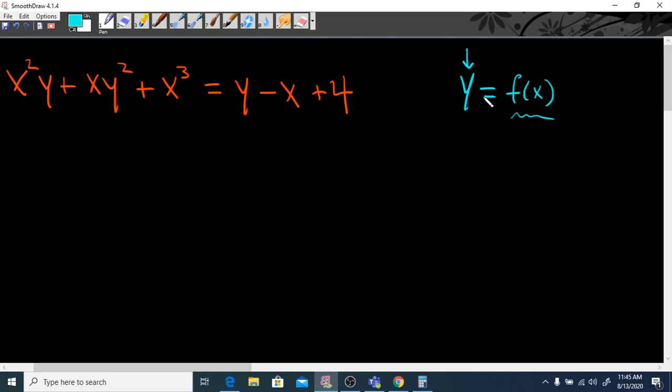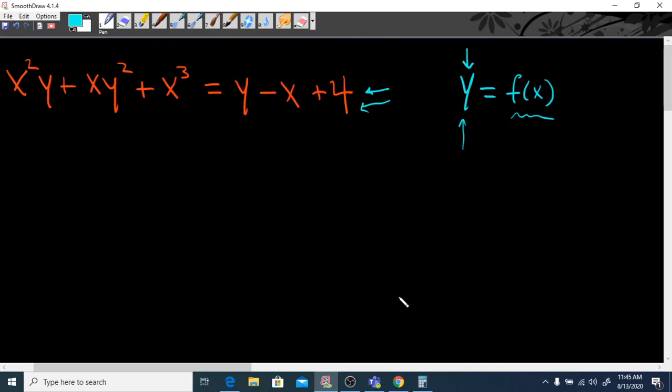The y was by itself on one side, and all the x's were on the other. So if you're able to look at something like this and solve for y, in other words, you do some algebra and turn it into something like this, then you don't have to use implicit derivatives.